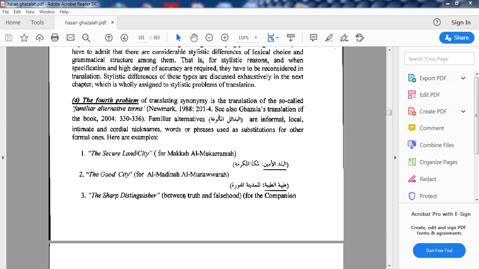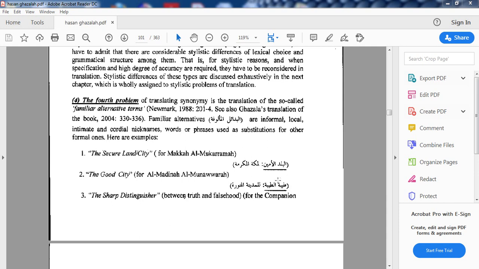Though yes, in Arabic, we as Arabs know that البلد الأمين means Mecca al-Mukarramah. But what about the foreigner who is not an Arab? How could he know that البلد الأمين is, though yes, they are similar in meaning, but for example البلد الأمين is local, okay, but this one is known, مكة المكرمة.